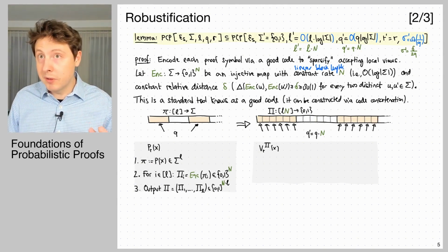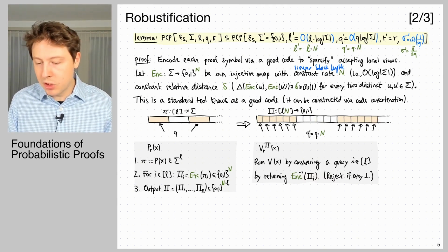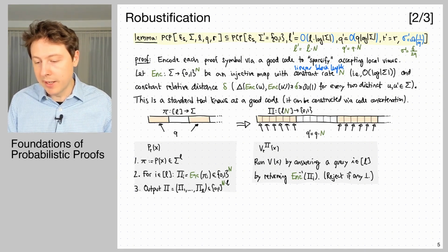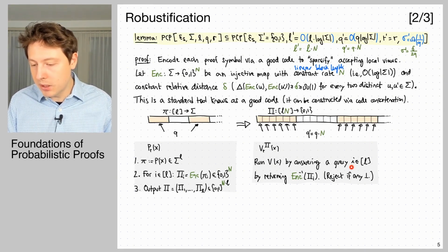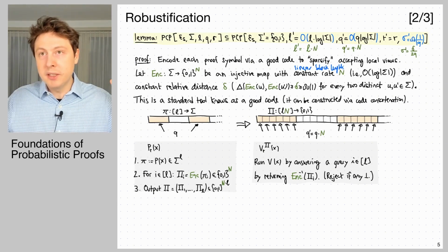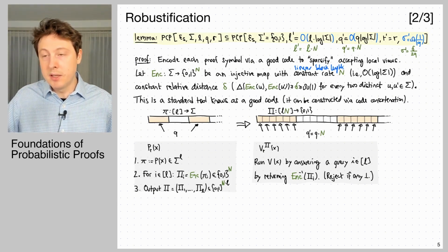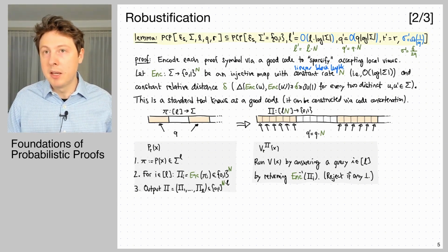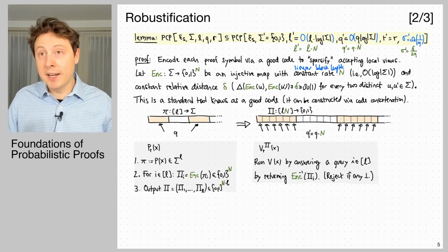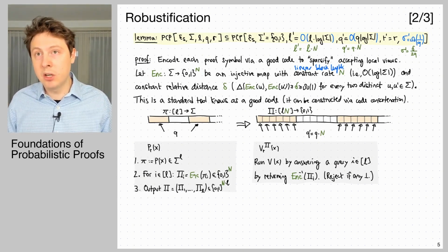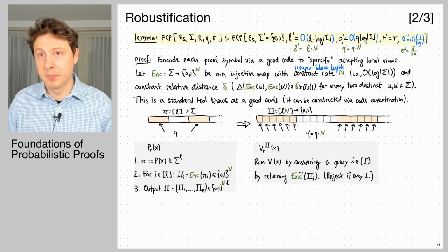Now, crucially, what will the verifier do? Well, the verifier will just run the old verifier, and the way it will answer a query, it will read a block of bits, in this case 6 bits. It will check if they are in the code, and if they are in the code, it will just take the inverse map. Right now it doesn't really matter how to do this efficiently.